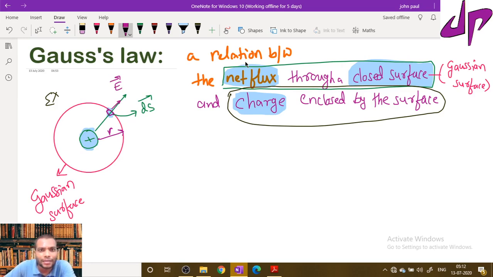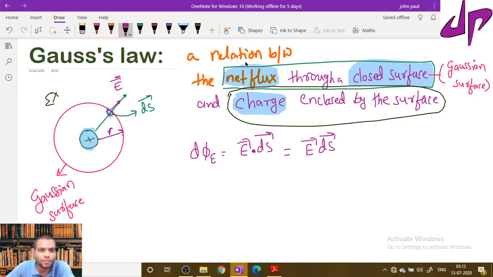I can write the electric flux d phi E equal to E dot dS, the dot product. Since there is no angle between them, theta is 0. I would write E dS cos theta, and with theta equal to 0, it becomes E dS.